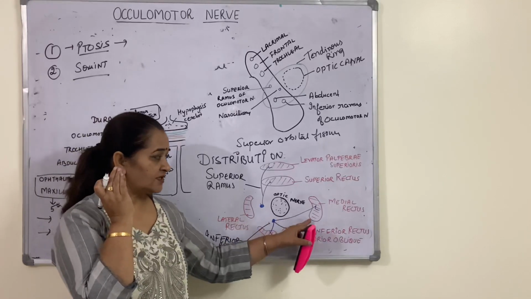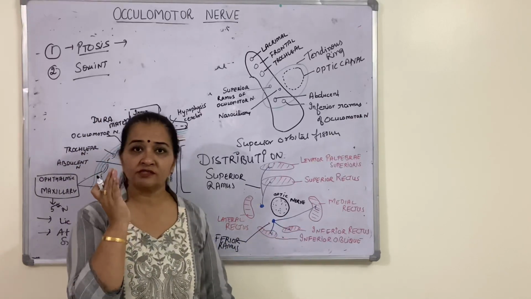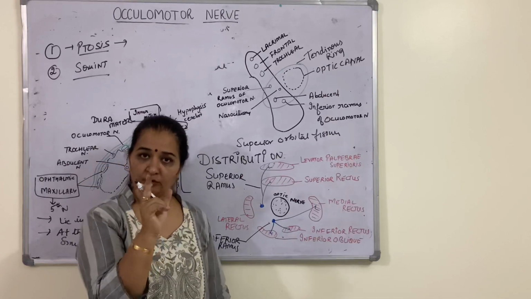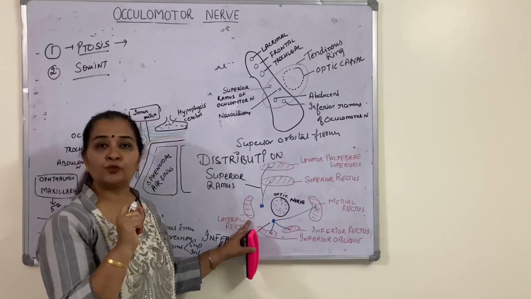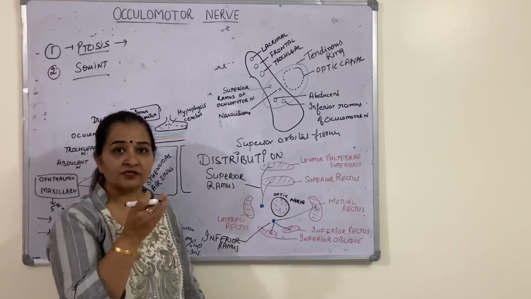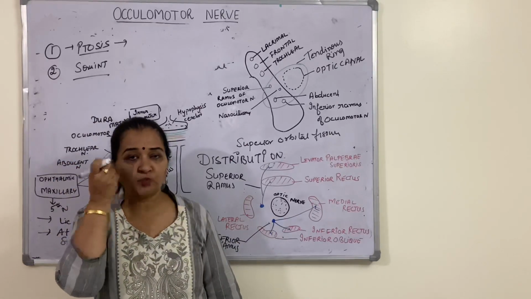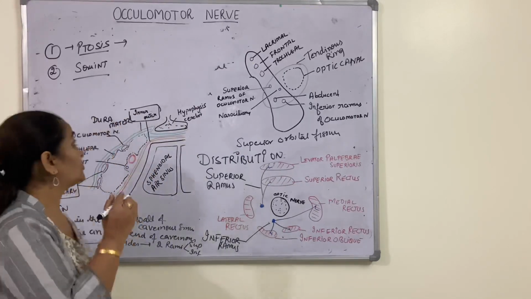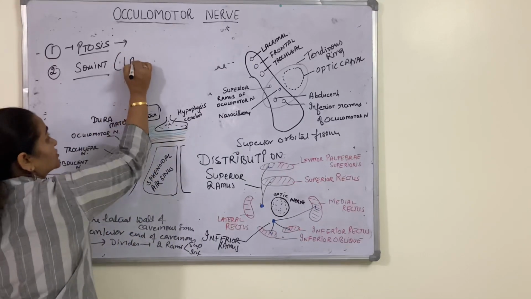So once this injury happens, medial rectus is not able to move the eyeball towards the medial side, number one. Number second is unopposed action, which is done by lateral rectus. So lateral rectus will pull the eyeball towards the lateral side because lateral rectus is intact. So which squint is there? That is lateral squint.